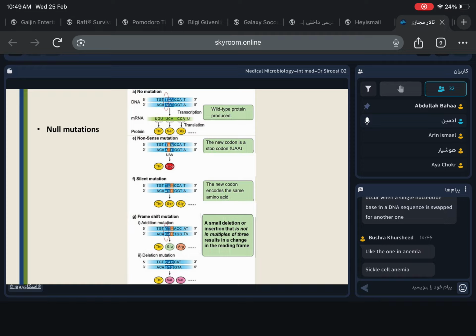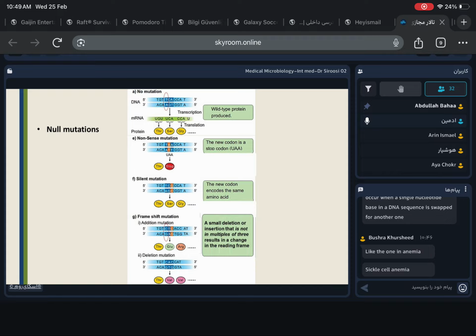And because of that, we have a premature termination of translation, and we have a truncated protein, which most of the time is a non-functional protein. So we have nonsense mutation. So in nonsense mutation, one codon which encodes an amino acid is converted into a stop codon.